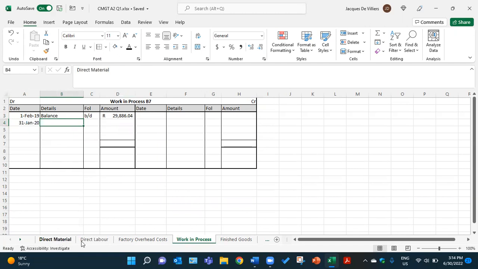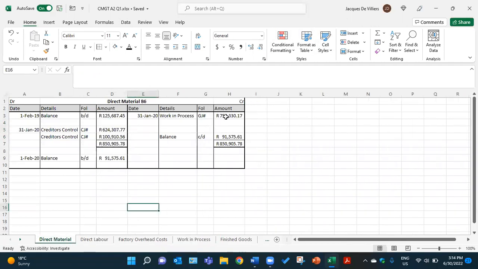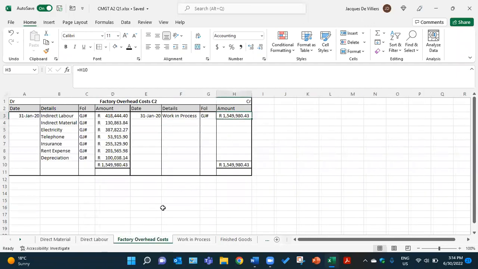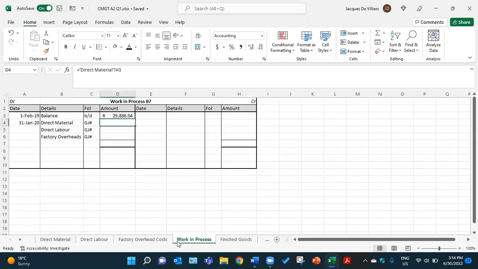I'm expecting entry for direct material, direct labor, and direct overhead cost. There they are. Transactions, once again, just recorded in some general journal. And the amounts are now the same amounts that I used in these 3 as my balancing amount. Okay. So I just put in those amounts.